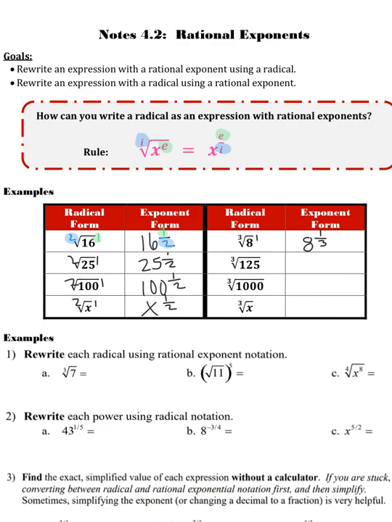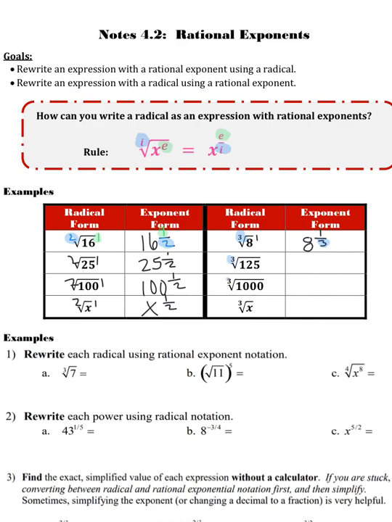If we want to jump over to the second column, we've got some new examples. Notice this time we have a cube root here. So when they rewrote their expression, the base 8 stayed the same, but notice on the denominator here we have a 3. So this is 8 to the 1/3.